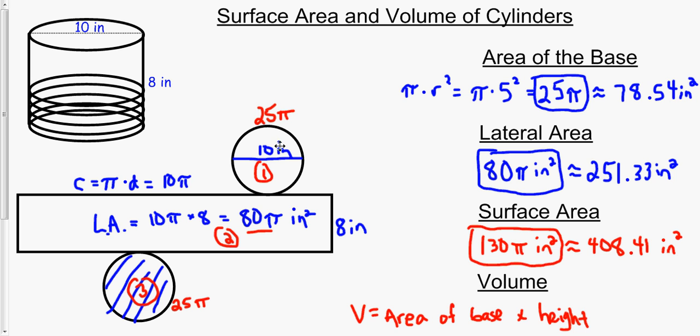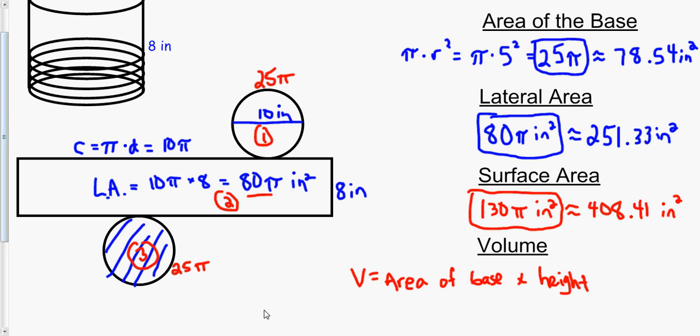So we have the area of the base. That's 25 pi. Times the height, which is 8. 8 times 25 is 200, so this would be 200 pi inches cubed. That would be our exact answer.